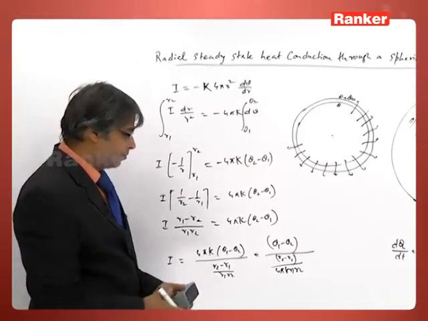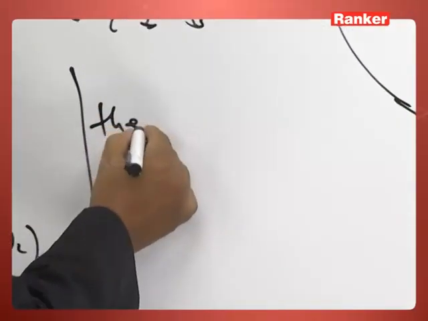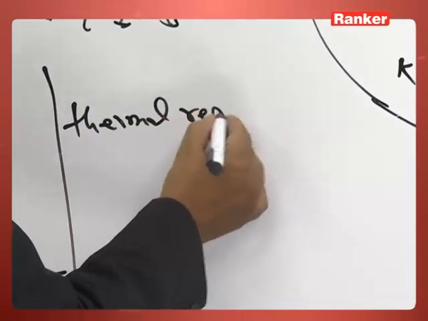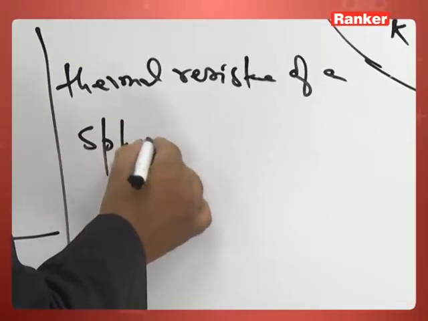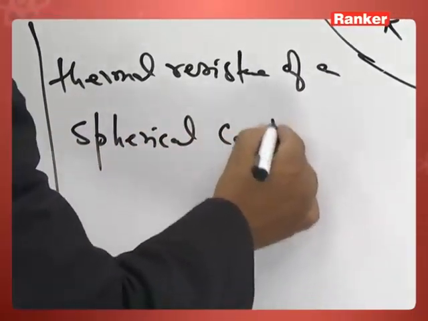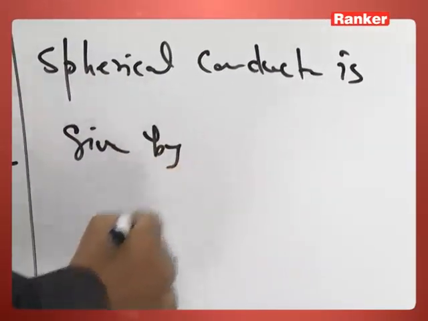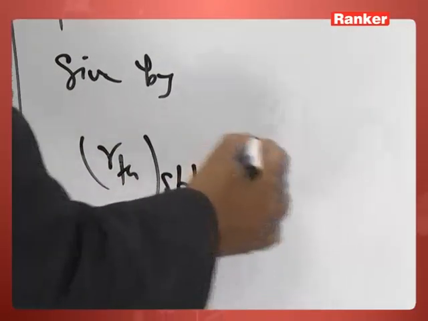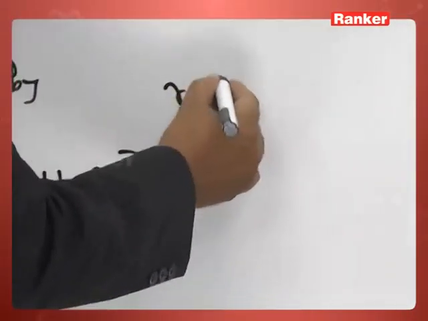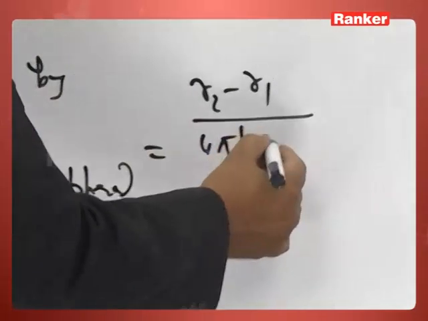So, let us write this as thermal resistor. You see here the thermal resistance of a spherical conductor is given by R_TH, that is for a spherical conductor, will be given by (R2 minus R1) by 4 pi k R1 R2.